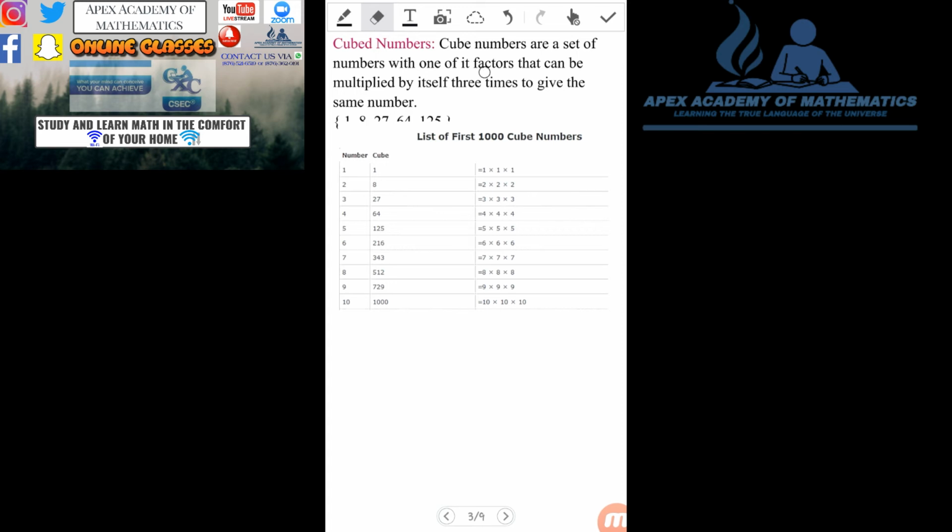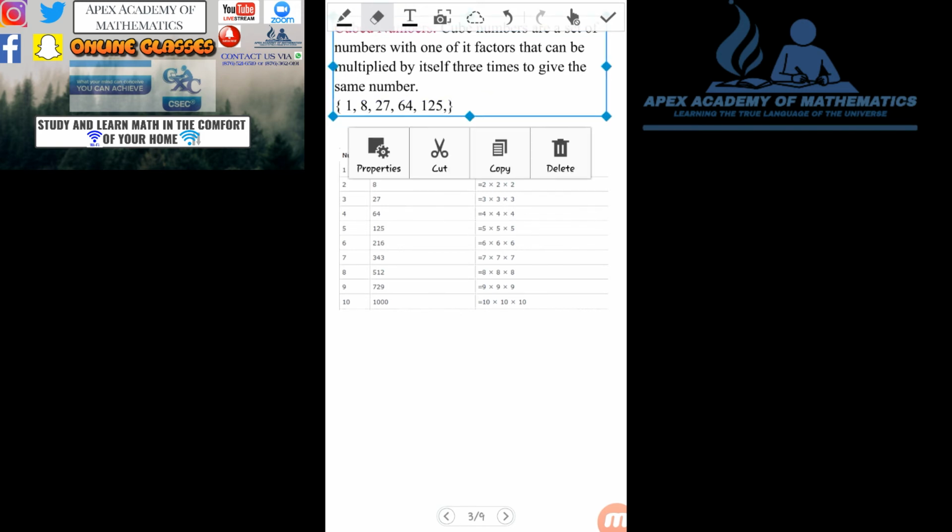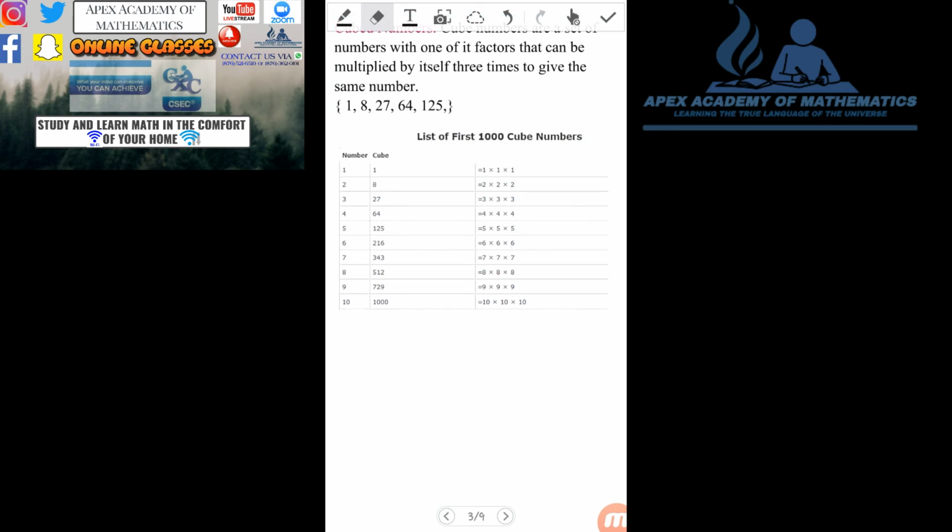And here are some examples for you. Yes, we have numbers 1, 8, 27, 64 and 125, and it goes on. I've created a list here for you for the first 10 numbers, but when I'm teaching, I like to tell students to extend your potential a little bit and go all the way up to 15, but the first 10 is the most useful.